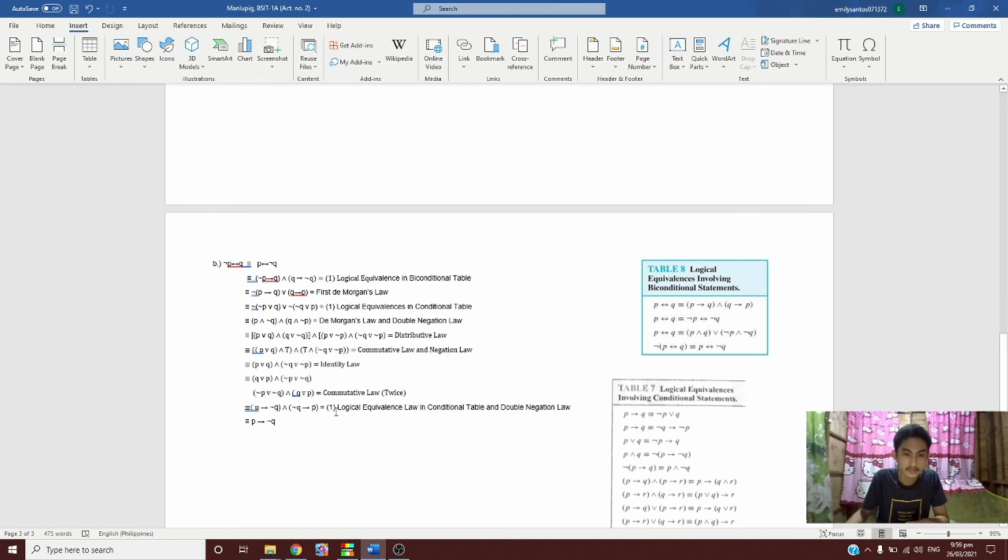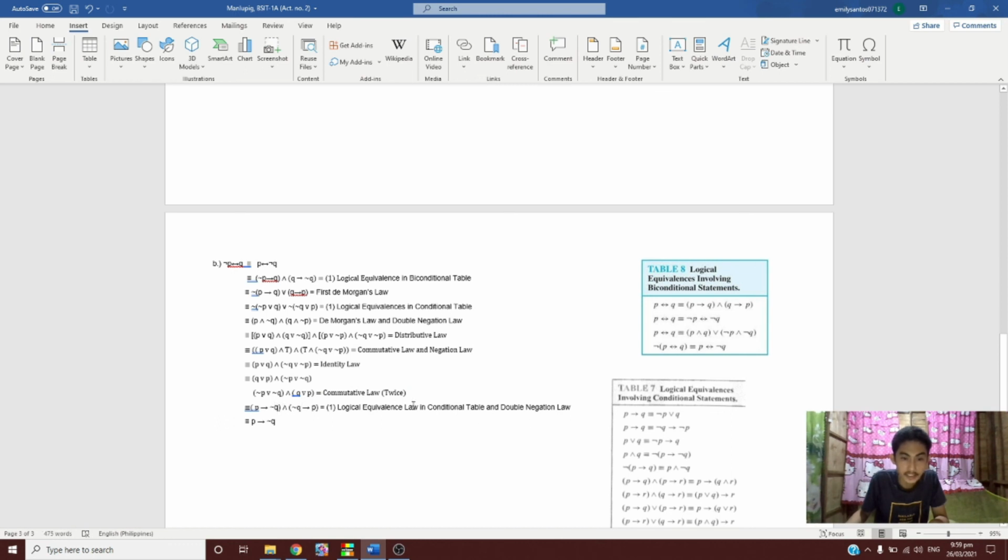So next is using the logical equivalence law in the conditional table and the double negation law. As you can see here, this part is equivalent to negative p disjunction q, and the double negation law, negative q, negative q here, which are the same.